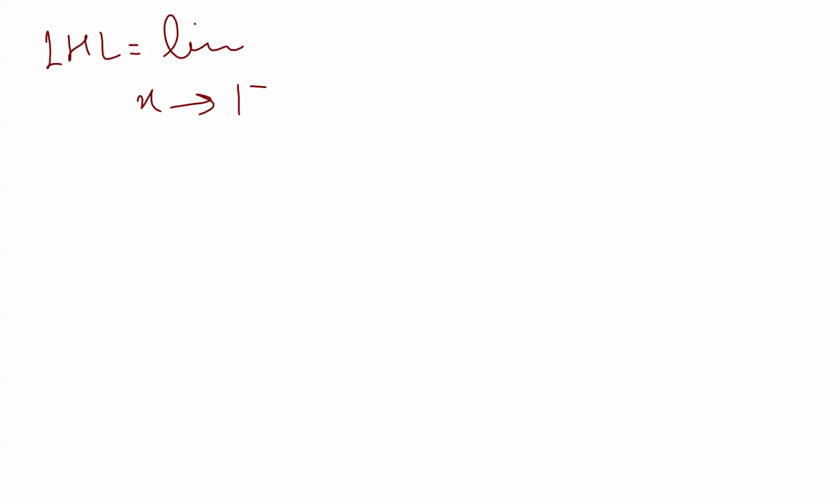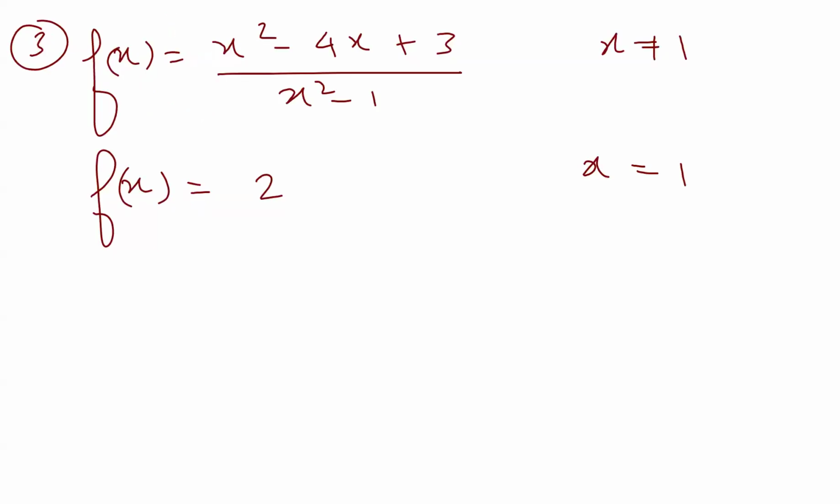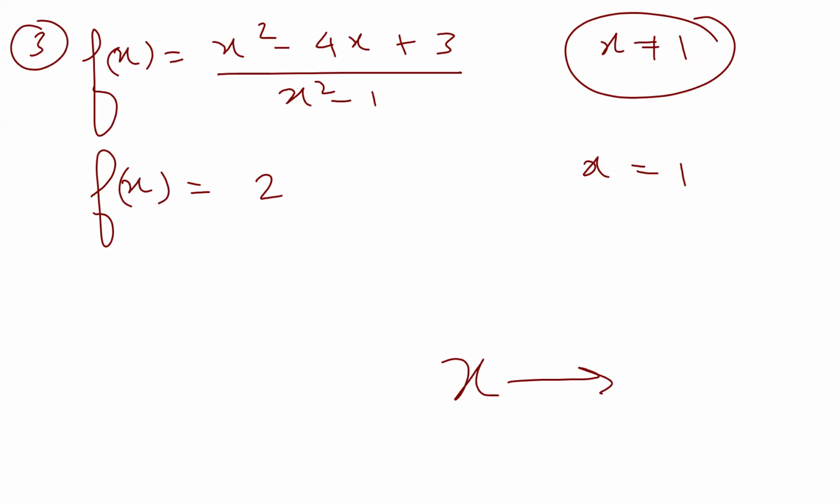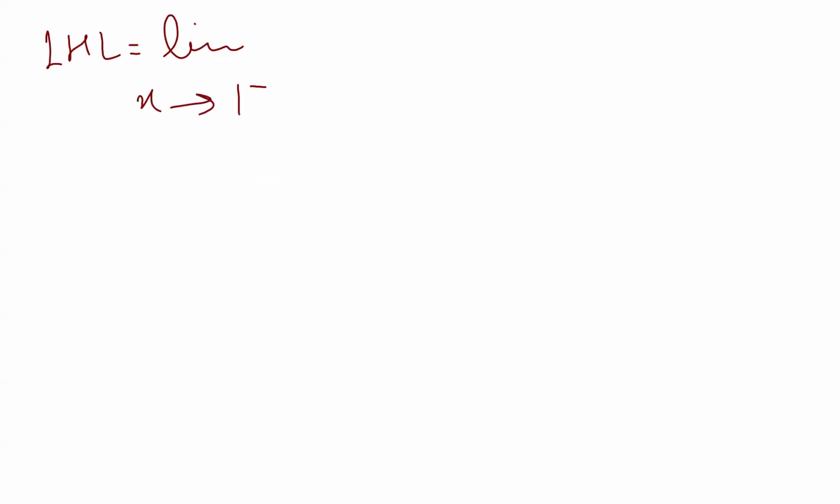Whether it be plus or minus, we have to take this function x square minus 4x plus 3 upon x square minus 1, because x is not exactly equal to 1, it is very near to 1. So for x approaching 1 minus, we have to take the x square minus 4x plus 3 function upon x square minus 1.